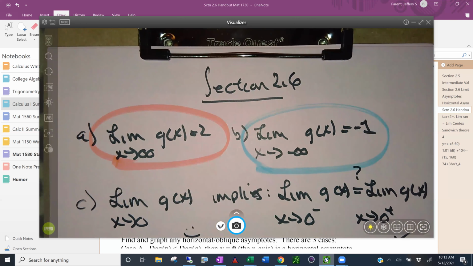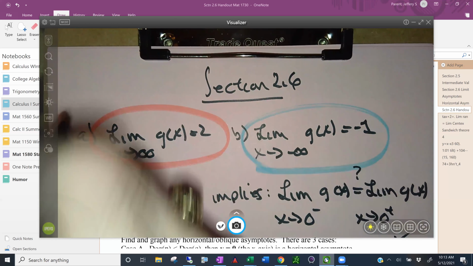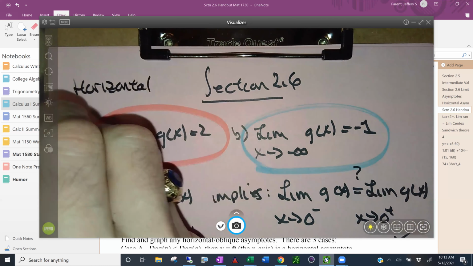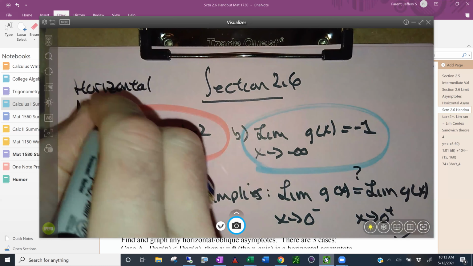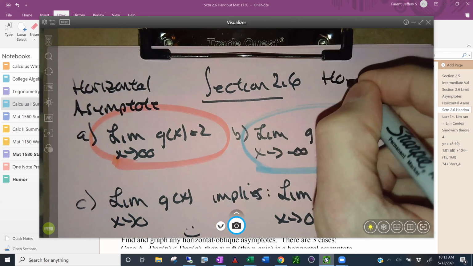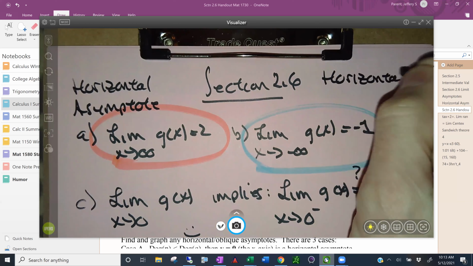That is, your line's getting closer and closer to that particular value of y. So it's a horizontal asymptote. This is another horizontal asymptote.